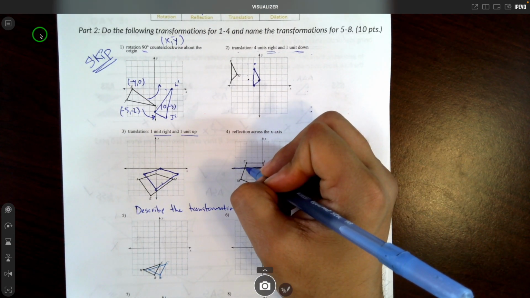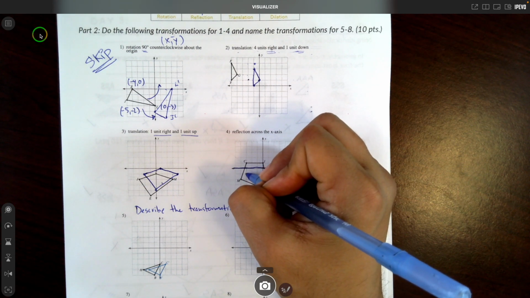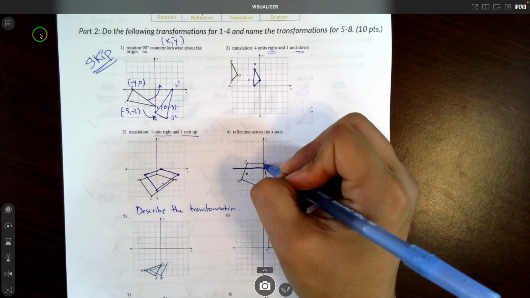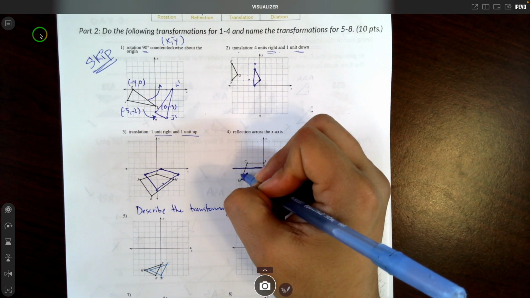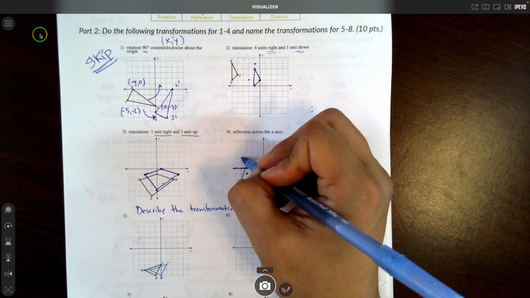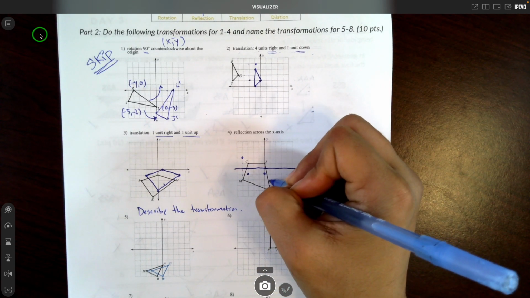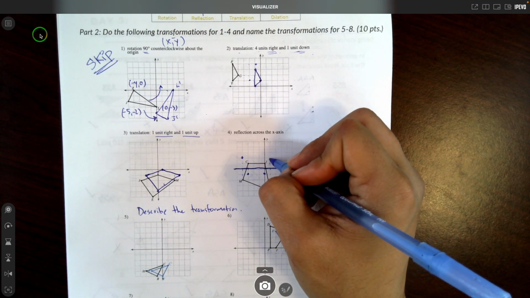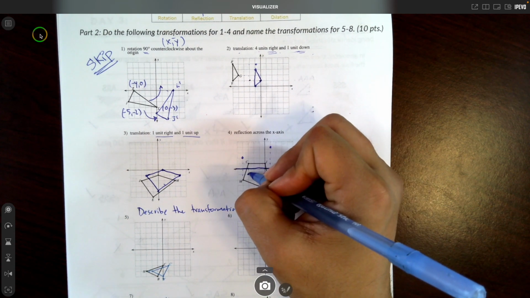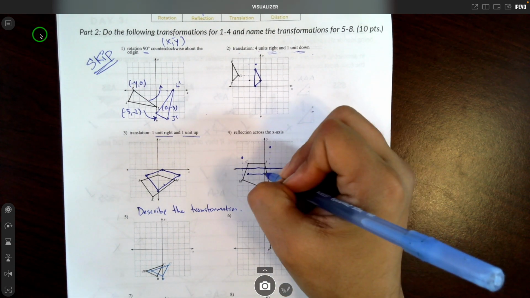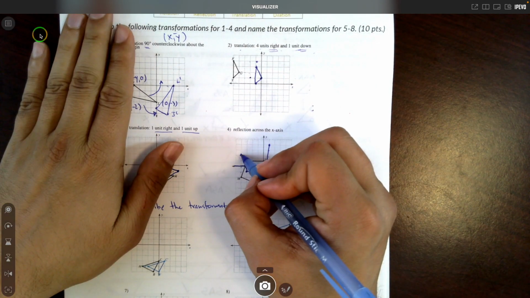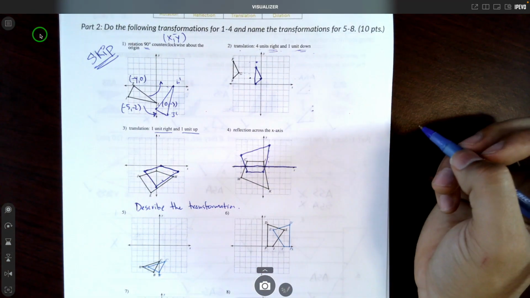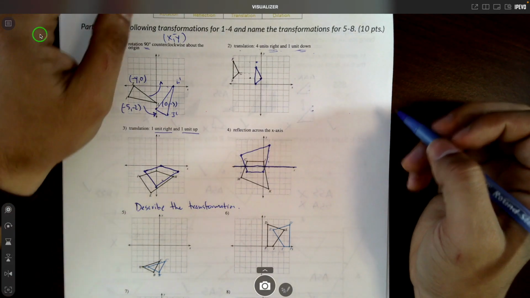So see, 1 step to the mirror, 1 step away from the mirror. 2 steps to the mirror, 2 steps away. 1, 2, 3, 4, 1, 2, 3, 4. So then we just connect all the points. And even though it's not exactly perfect, that's what it would look like looking into a mirror.